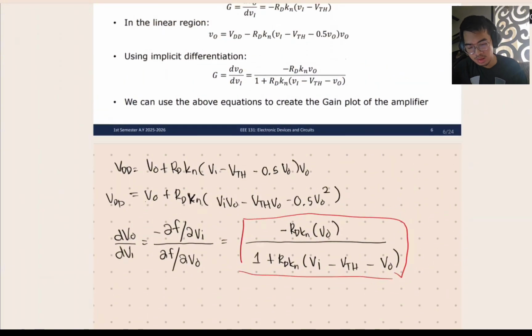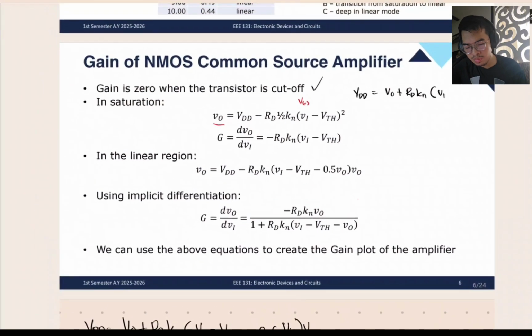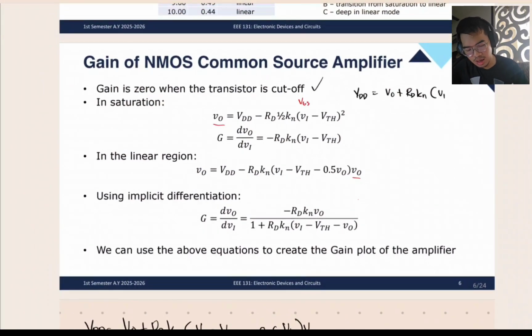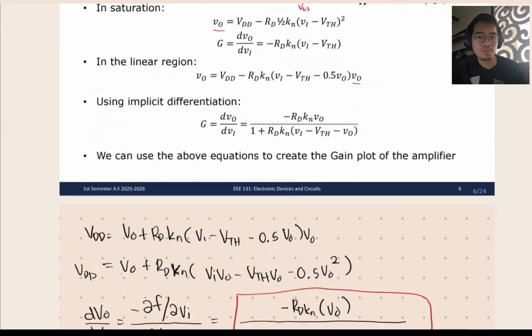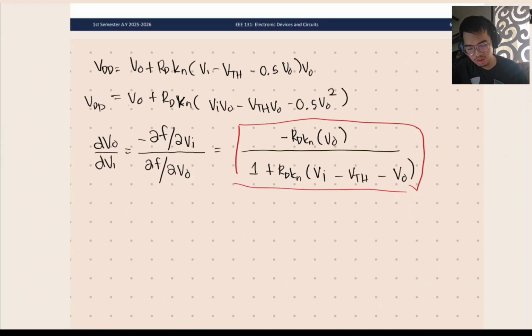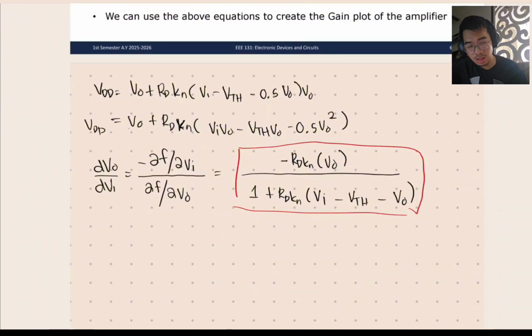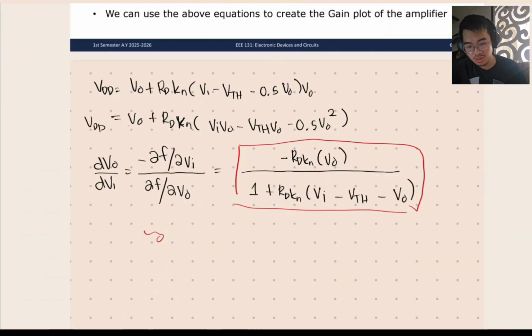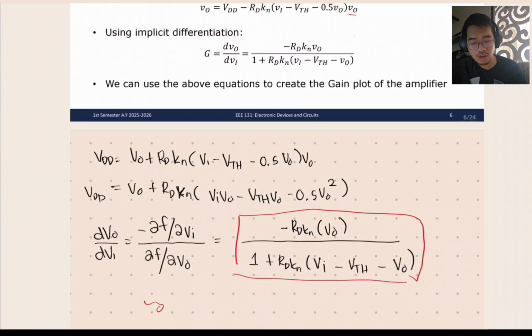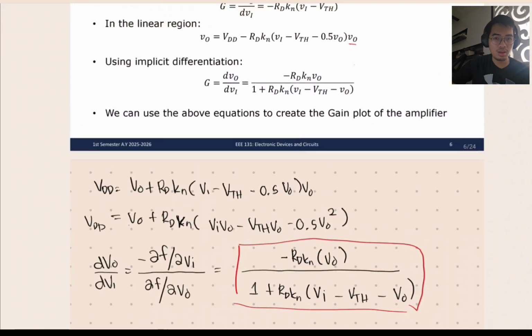Well, you have the option to just isolate v out here and do the derivative normally. You can also do the implicit differentiation the normal way, or you can just make use of the shortcut of taking the derivative using partial derivatives. I prefer this method because it will already give you the simplified form of the equation.